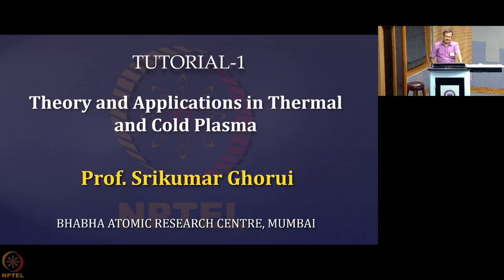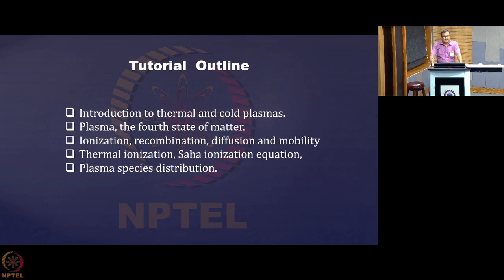So the first tutorial goes like this. We'll cover the introduction to thermal and cold plasmas. We'll summarize what we have learned, the fourth state of matter, and then we'll do the processes of ionization, recombination, diffusion and mobility, the basic processes that form this plasma.